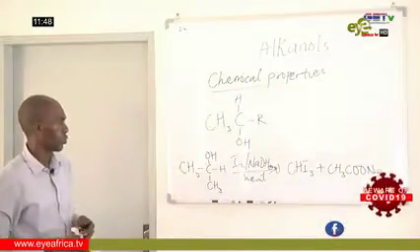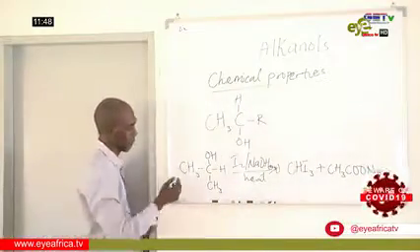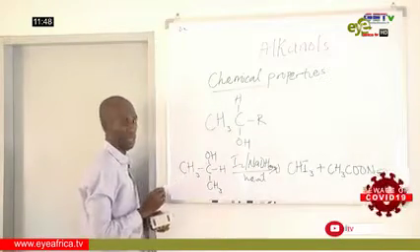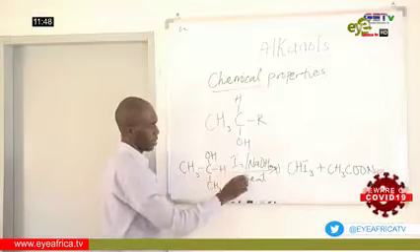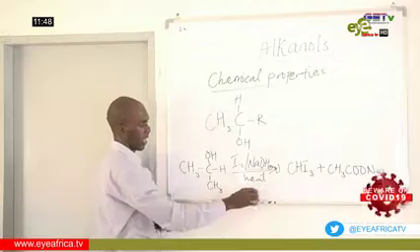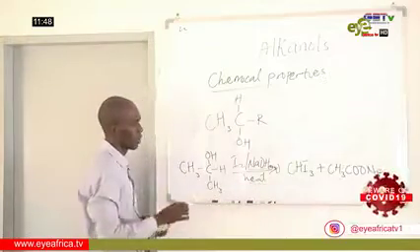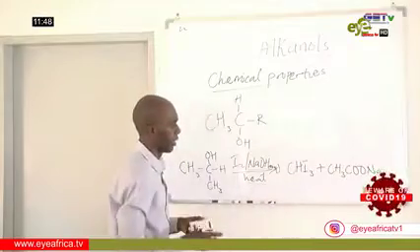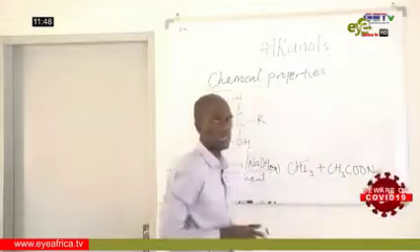So as we can see, this is a secondary alcohol reacting with iodine in the presence of sodium hydroxide solution and heat to produce triiodomethane, and then a salt is another product.